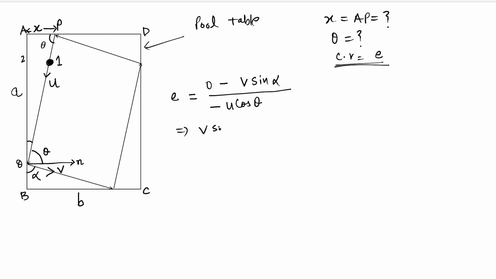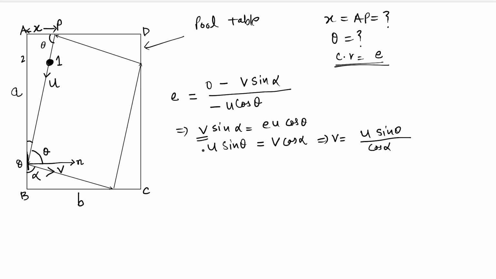So v sine alpha is e u cos theta, and then tangent is just this line. So along the tangent the velocity doesn't change, so u sine theta is equal to v cos alpha. Therefore v is u sine theta by cos alpha.